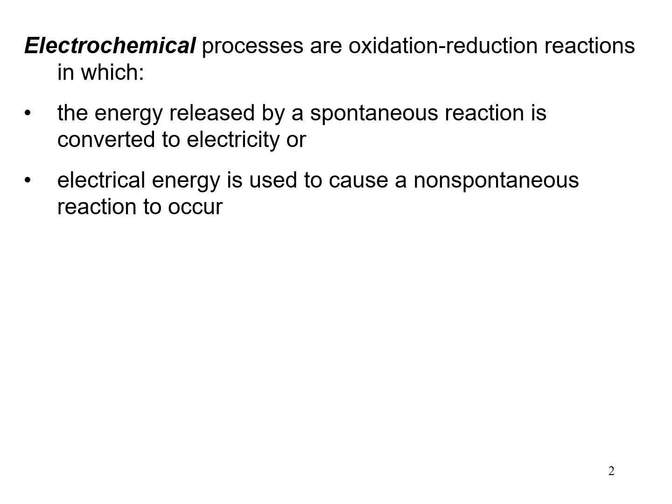So let's begin. Electrochemical processes are oxidation reduction reactions in which either energy is released if the reaction is spontaneous, so that energy is converted to electricity, or electrical energy is used in the case of a non-spontaneous reaction. Essentially all oxidation reduction reactions are electrochemical reactions.